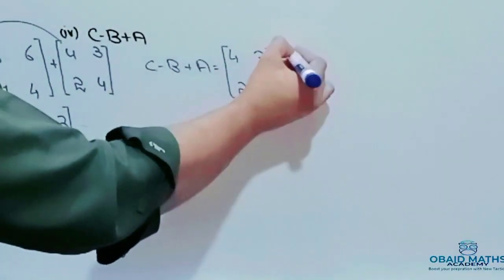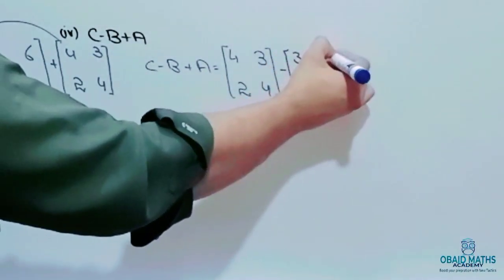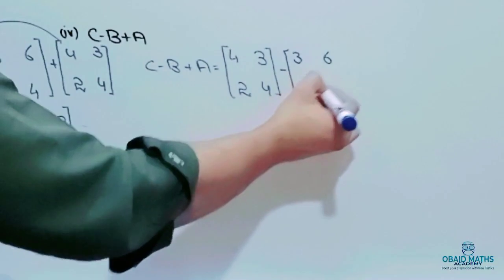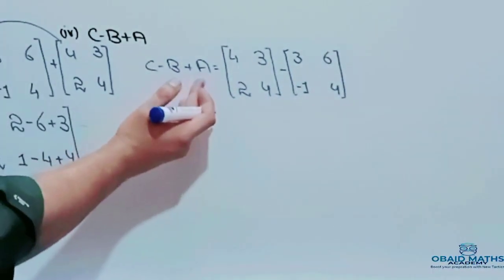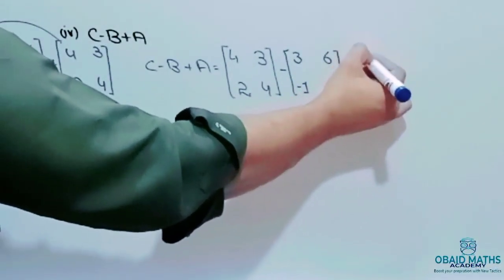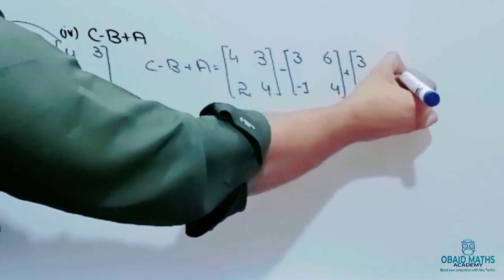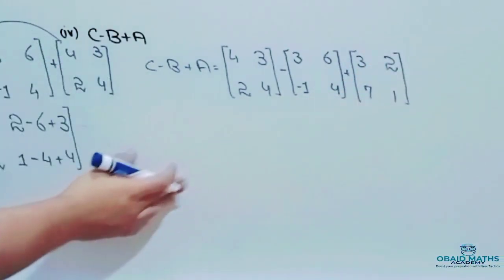Next, negative matrix B: 3, 6, minus 1 and 4, matrix close, and the last one is positive A, which is 3, 2, 7, 1, and matrix close.